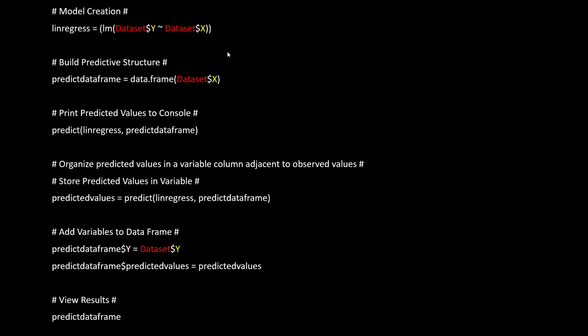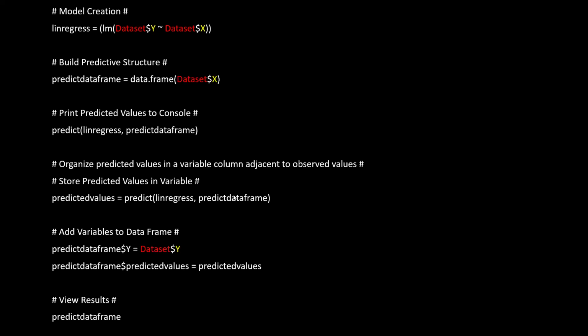The next bit of code will create a new data frame which contains the independent variable values from the prior model. That's right here. You can then use predict to create output, which contains the results of running the initial independent variable values to the model equation, thus creating the dependent variable values related to such.